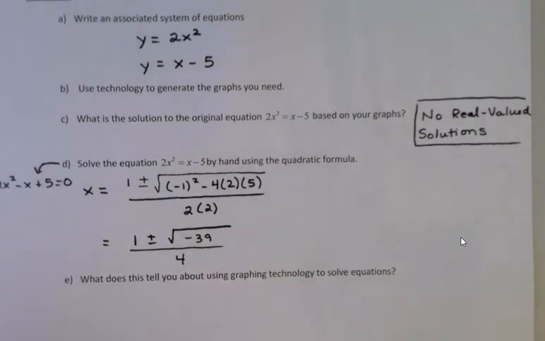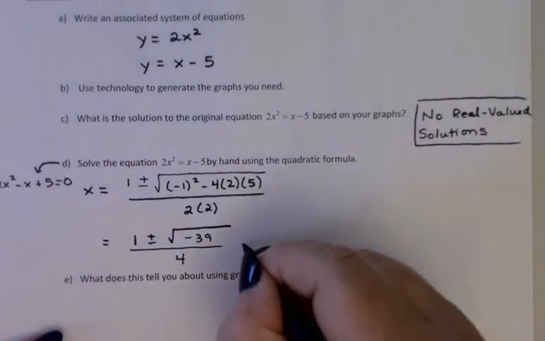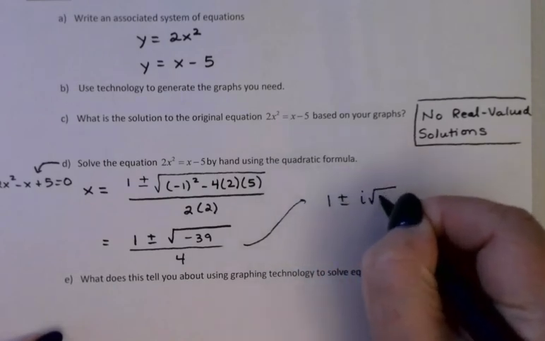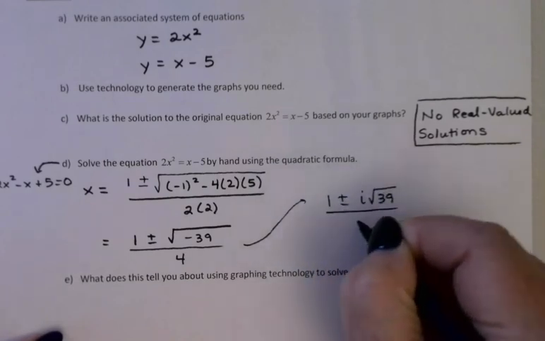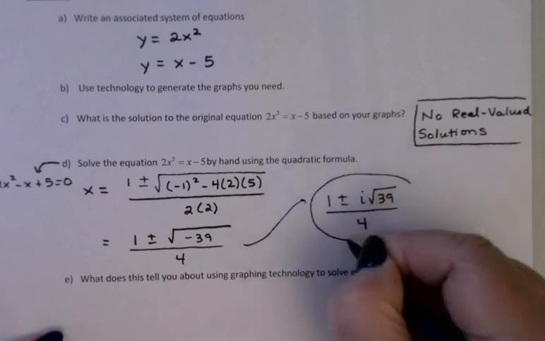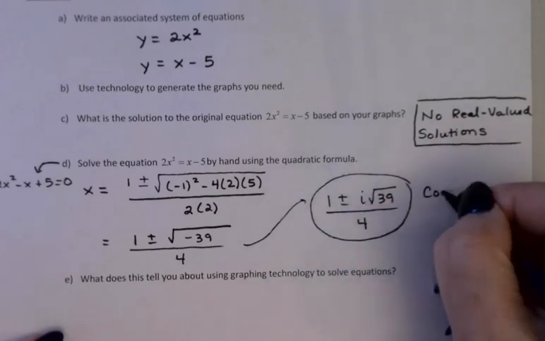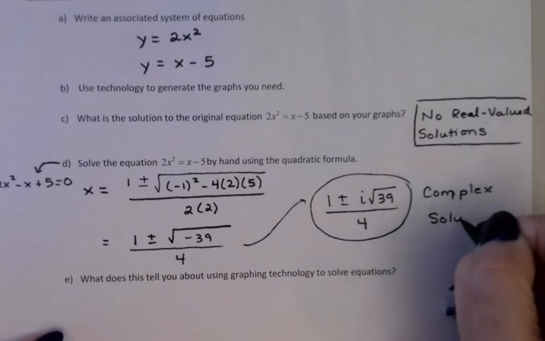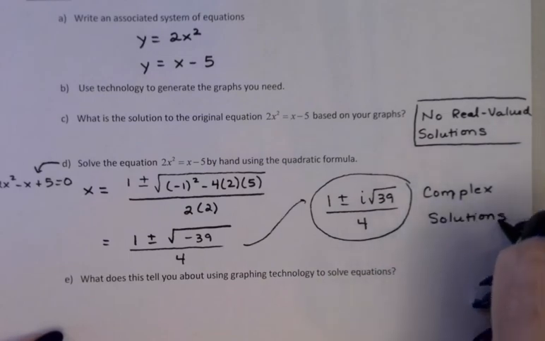In fact, the actual solutions could be written as 1 plus or minus i times the square root of 39 over 4 for complex solutions.